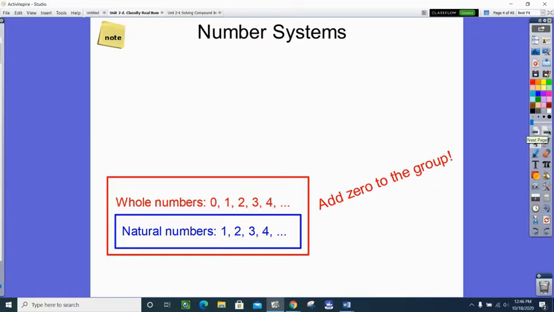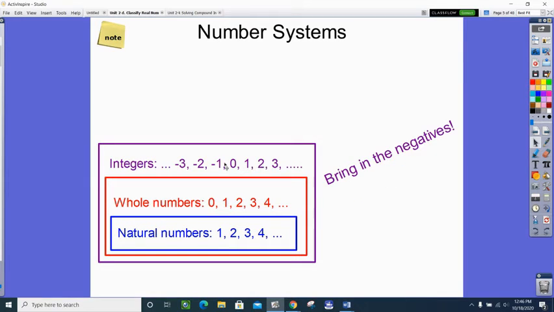Somewhere towards the end of elementary school, you started to think about the fact that the whole numbers had opposites: the negative whole numbers, like -1, -2, -3, -4. Temperature was an area that we talked about when we first introduced negative numbers. Those are called the integers.